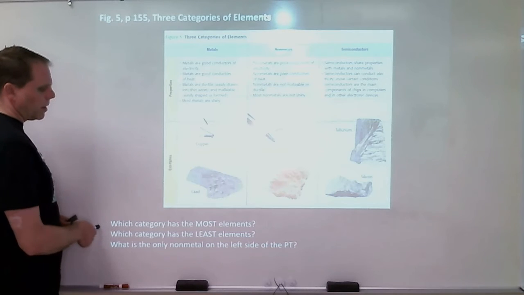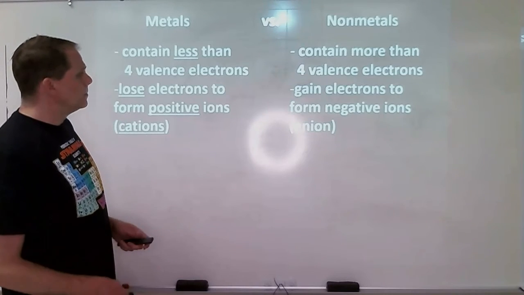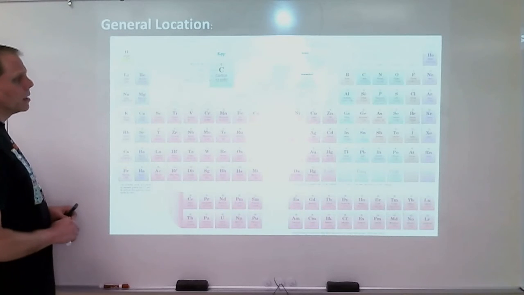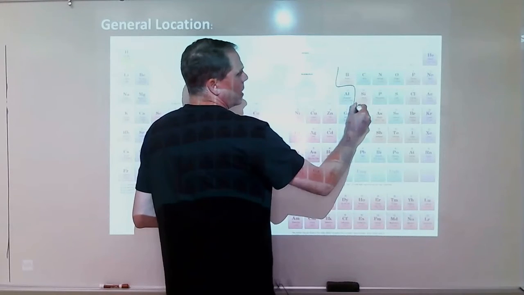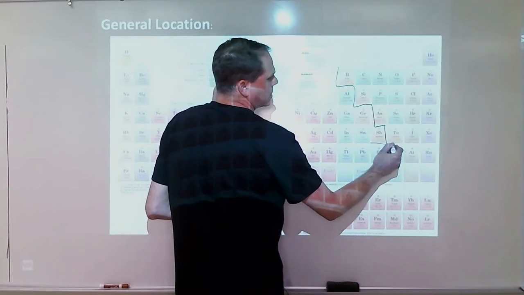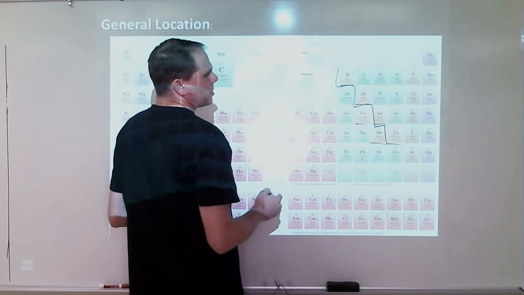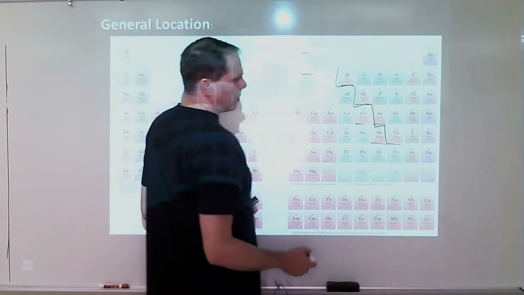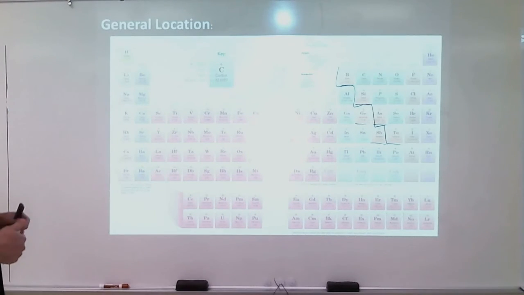Which category has the most elements? If I look at this periodic table here, which category has the most elements? Well, my metalloids are right here along this stair step, okay? So basically, this is a metalloid, that's a metalloid, those are metalloids, that's a metalloid, that's a metalloid. So I've got 1, 2, 3, 4, 5, 6 metalloids. All right, not too many, huh?